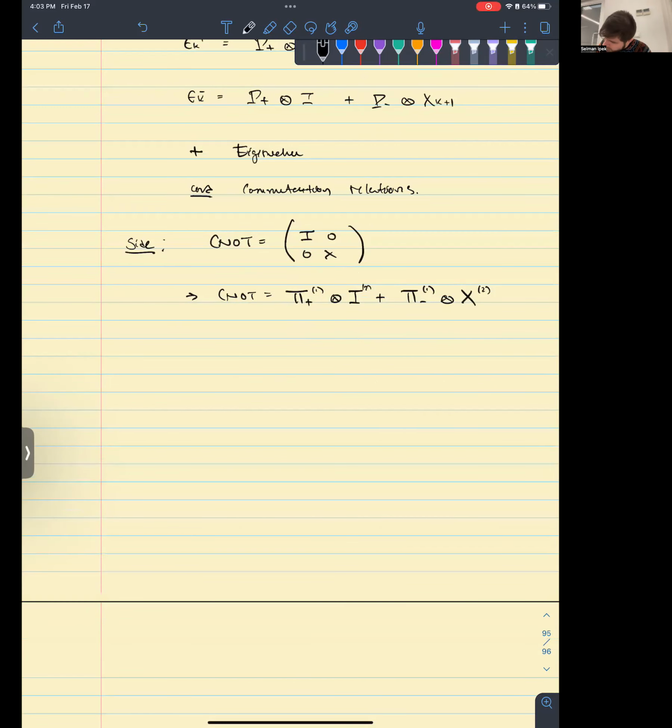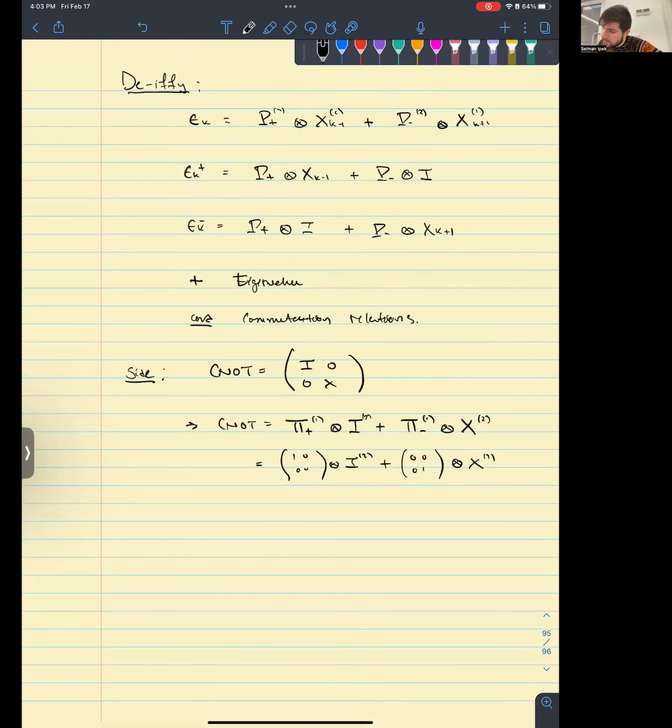This is 2. So more or less, this is like 1 0 0 0 tensored with the identity plus 0 0 0 1 tensored with x2. So this is actually how you write these controlled operations, and this is how you introduce some level of adaptivity. That's kind of the same thing that we're doing here.